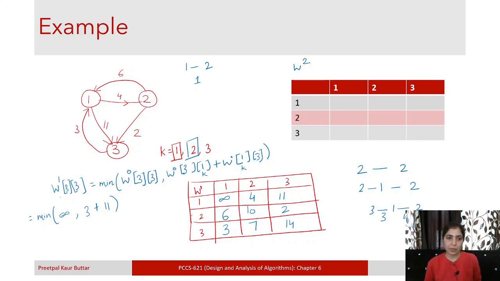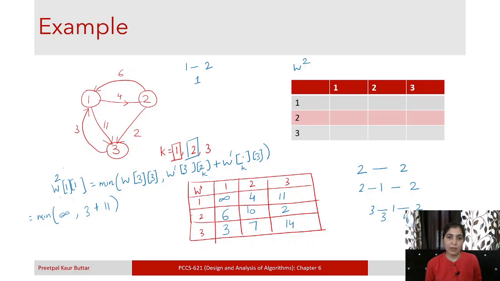Okay, so here we will fill the W2 matrix and it depends on the W1 matrix, right? And first it will be W11, and now our K will change.